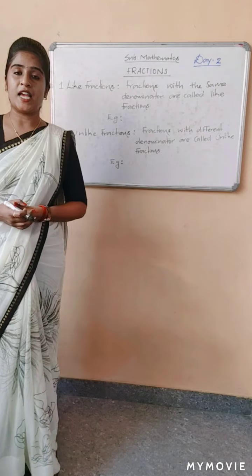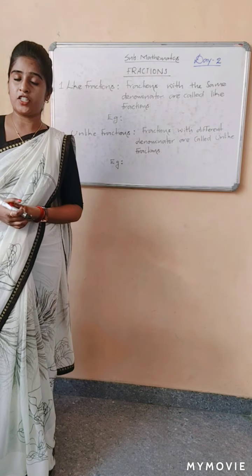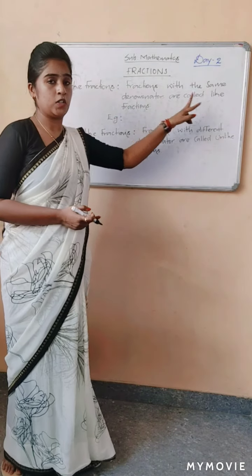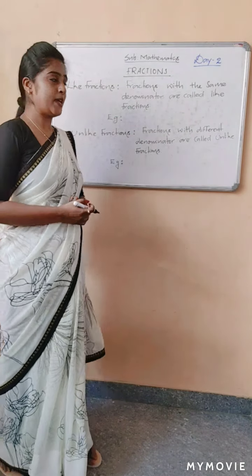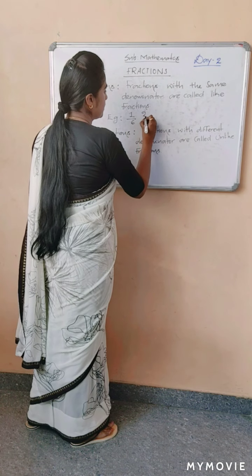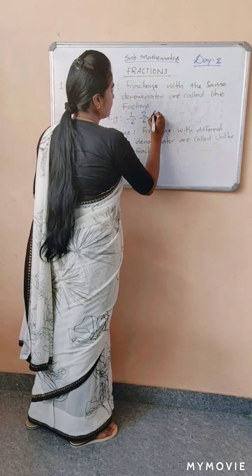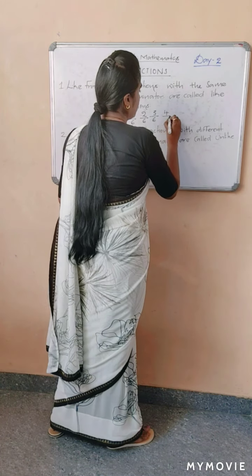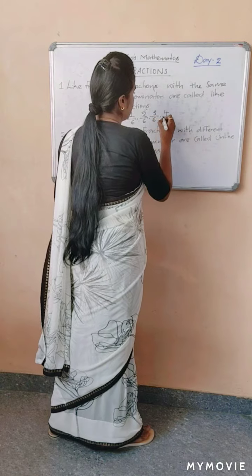If the fractions have the same denominator, then those fractions are said to be what? Like fractions. That is, fractions with the same denominator are called like fractions. For example, 1 by 6, 2 by 6, 3 by 6, 4 by 6, and so on.